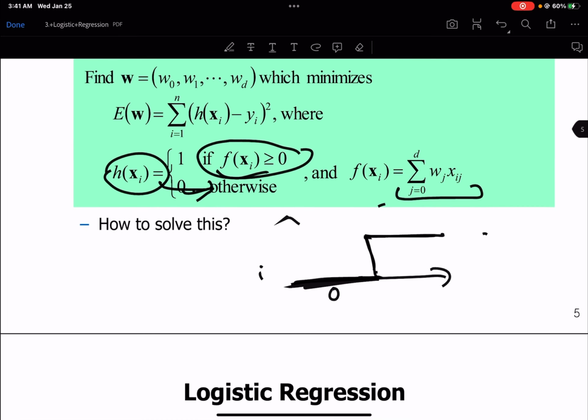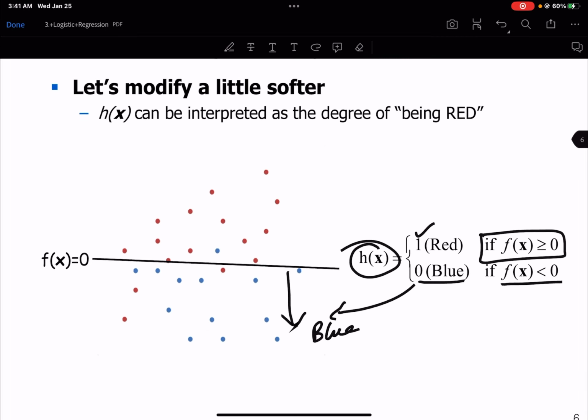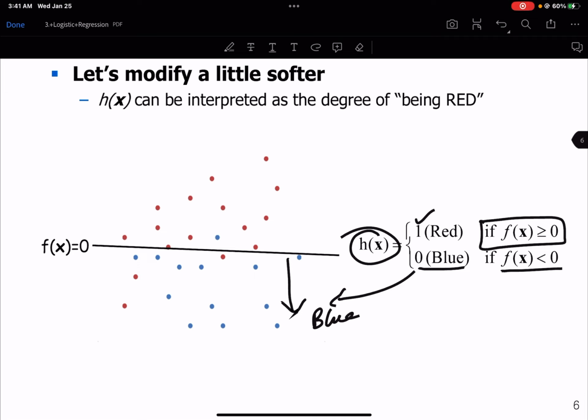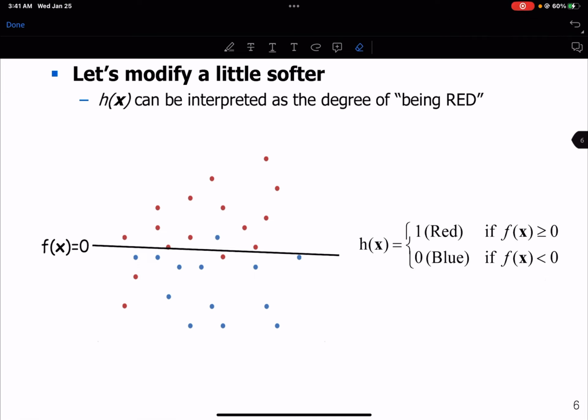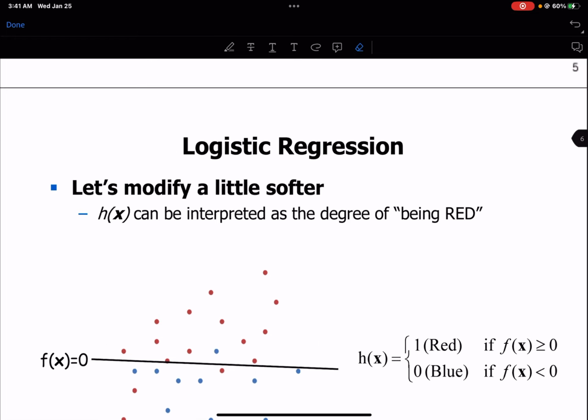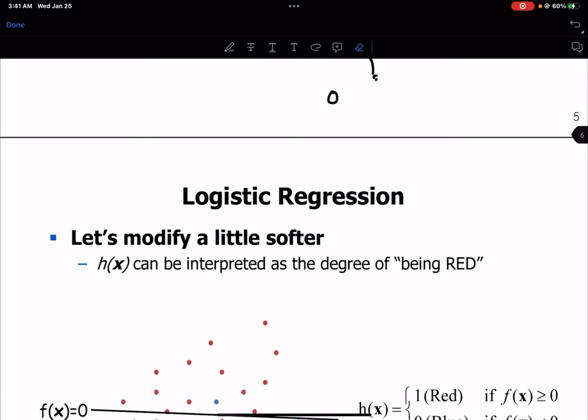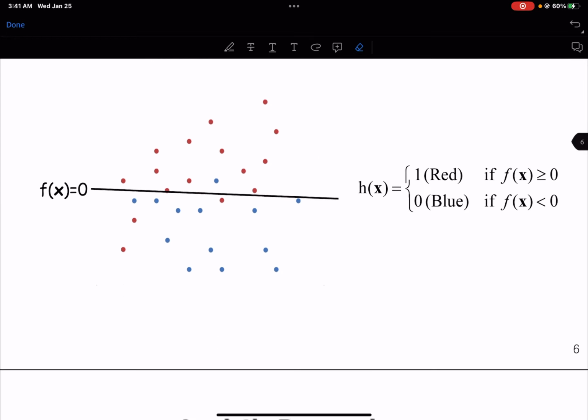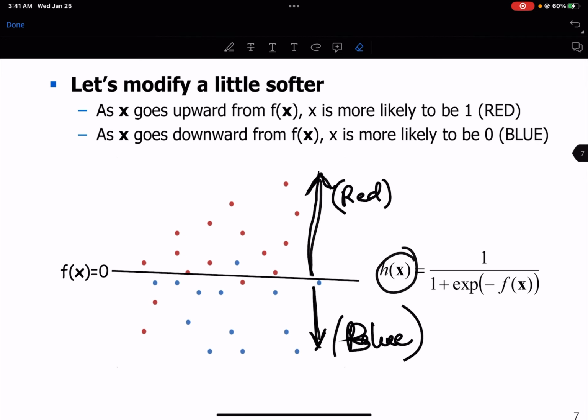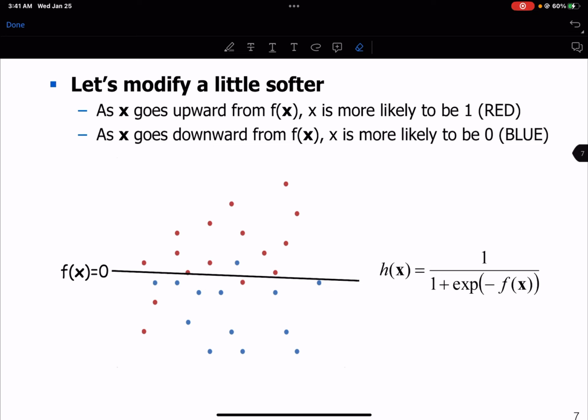But that linear boundary had a problem, that it cannot be differentiable at certain points, and this is not favorable to update your weight values or your regression coefficients. Now we will say from now onwards they are the weight values.